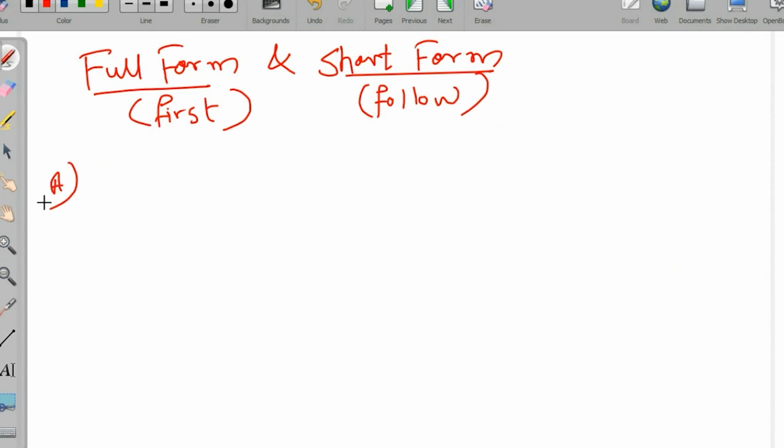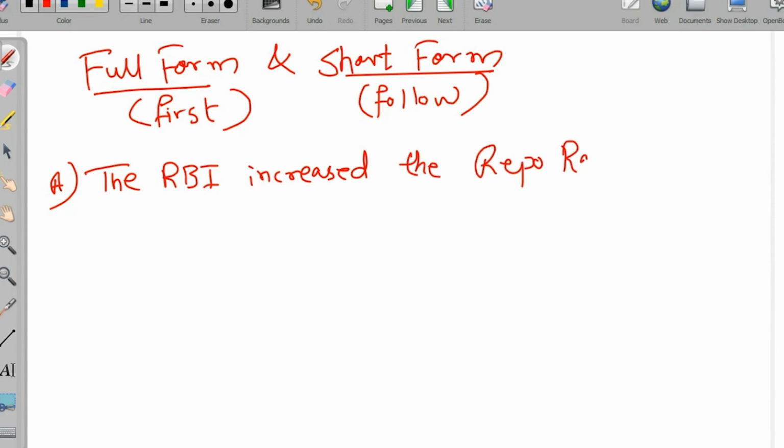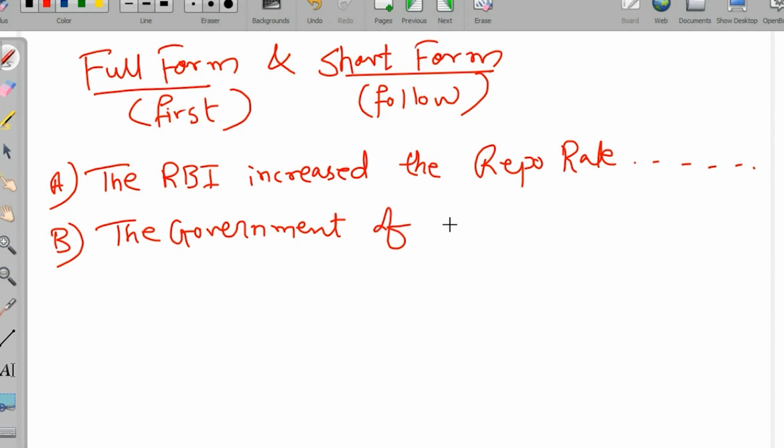Let's say statement A is saying the RBI increased the repo rate, and something ahead. Statement B is saying the government of India and something.